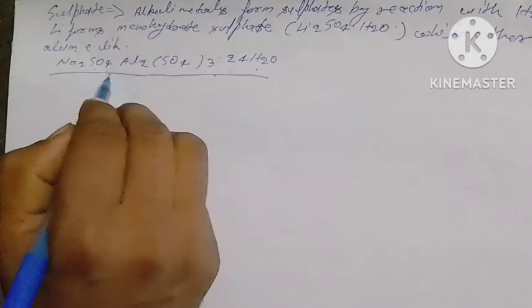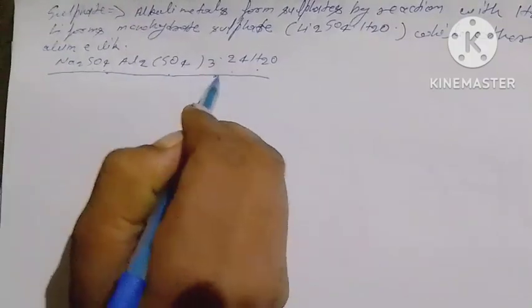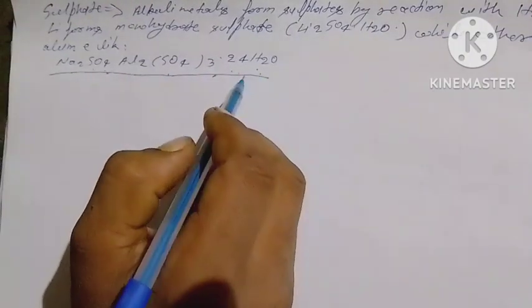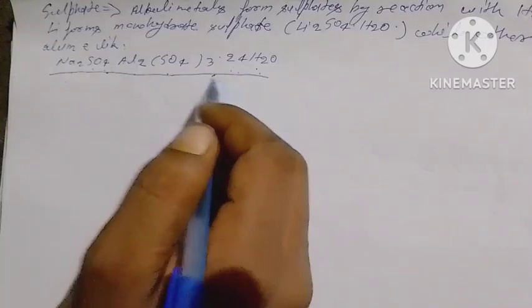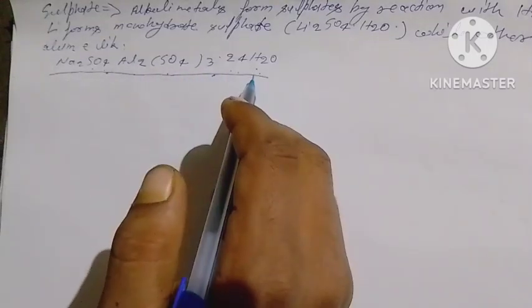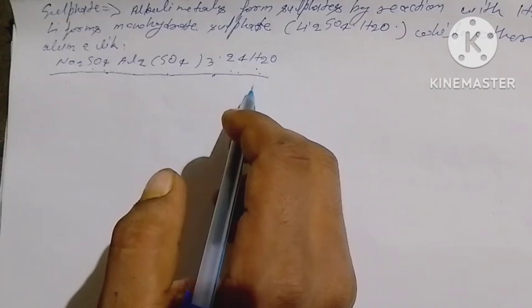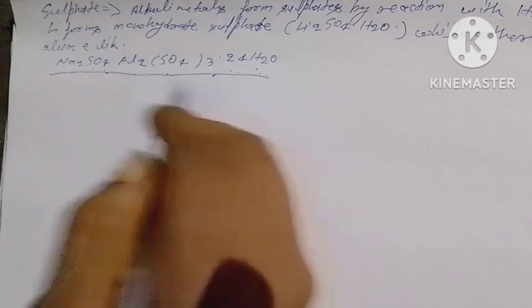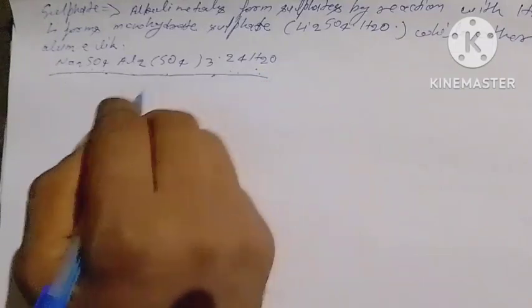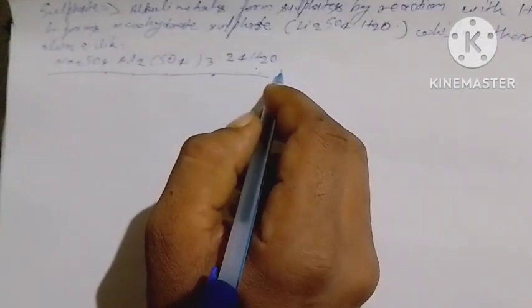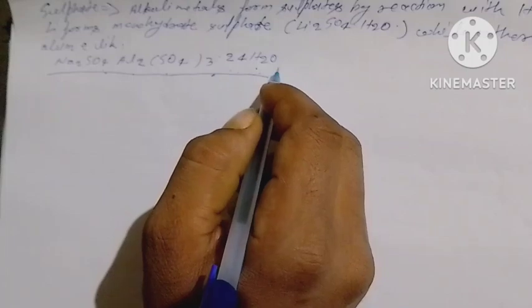Then Na2SO4, Al2(SO4)3 and 24H2O. This is the formula of a fitkari, that means alum. Okay, sorry, this is sodium alum. It is not the formula of a fitkari, that means potash alum.